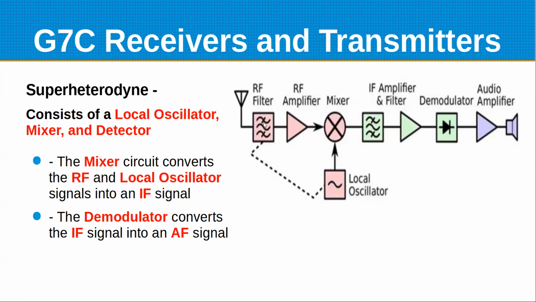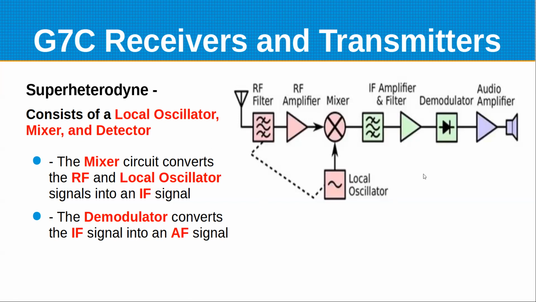Because this signal that you want is a fixed frequency, and your intermediate frequency filters and amplifiers are operating at a fixed frequency, say 455 kilohertz, which is a typical one. So you want your local oscillator to be offset from the frequency you're trying to receive by whatever that intermediate frequency is, either above it or below it, depending on whether you want to shift up or shift down.